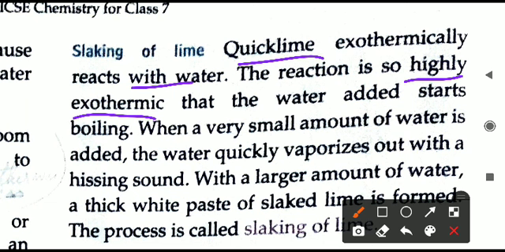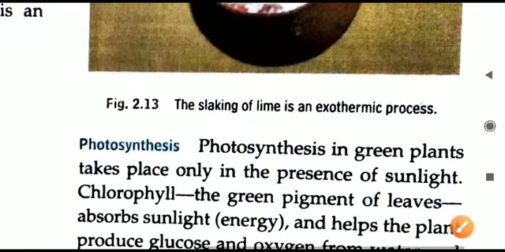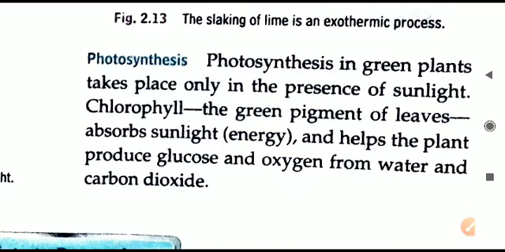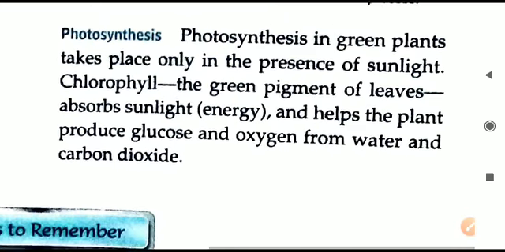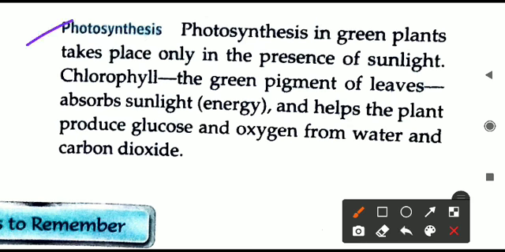The reaction is so highly exothermic that the water starts boiling on its own because a lot of heat is generated from the quicklime on adding water. You can see it in the photograph in the book. This process is called slaking of lime. After mixing quicklime and water, you get slaked lime, which is used for whitewashing the houses. The walls of the house can be painted using that.